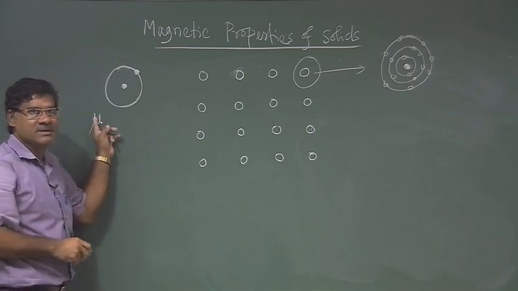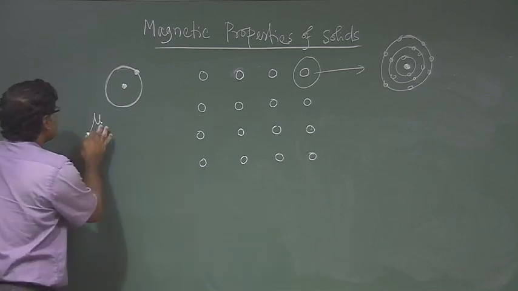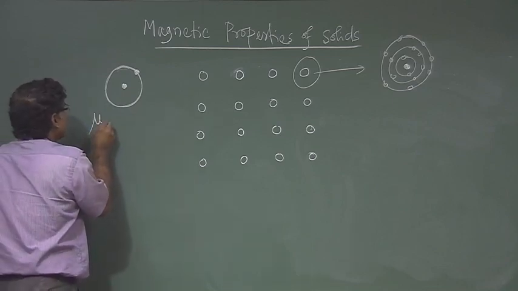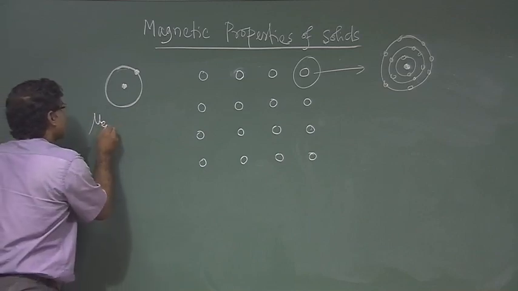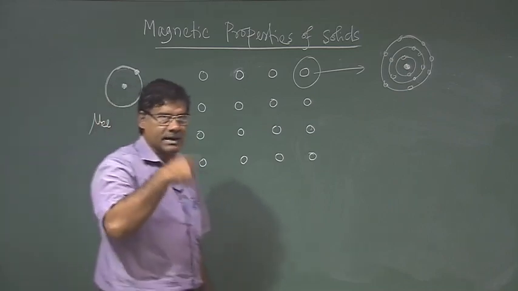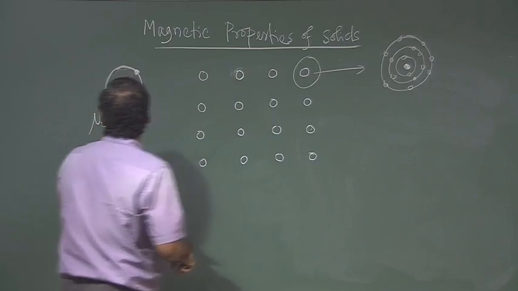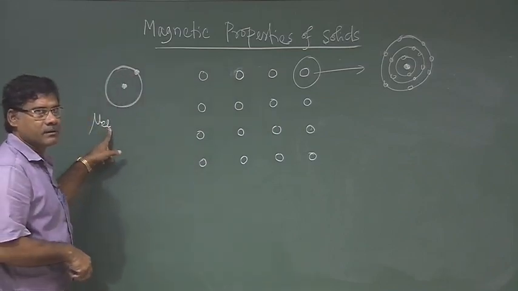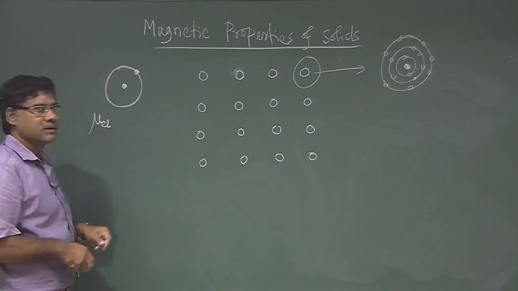See, this mu is the dipole moment, it is not the permeability. This is for the electron and for orbital motion, which has angular momentum L. So I am writing this magnetic moment for orbital motion, mu E L, right.